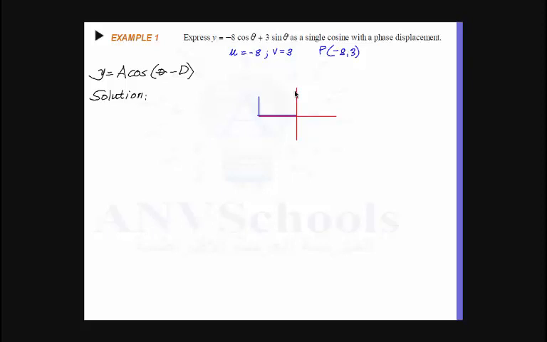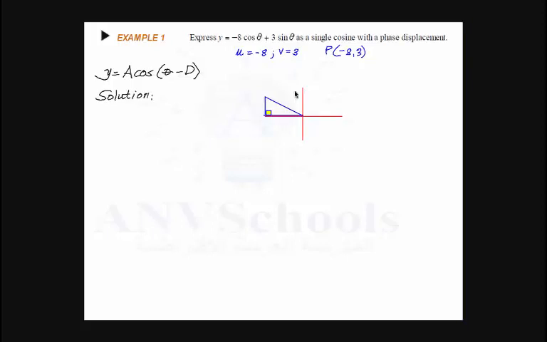So in that case, now we have our triangle, and this is a right triangle. Okay, U is negative 8. So this is negative 8. The adjacent side is negative 8. And our V is 3.